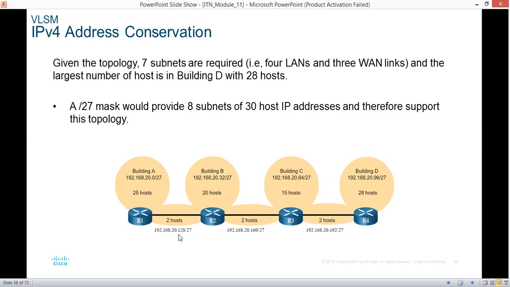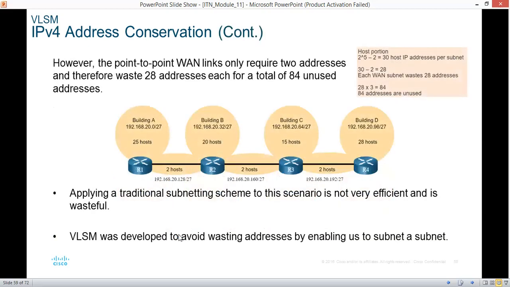You can also call variable length subnet a classless network, because the subnet masks vary from one point to the other. The application of it is when you will be doing configurations for the different routing protocols. So that is where you apply the variable length subnet.